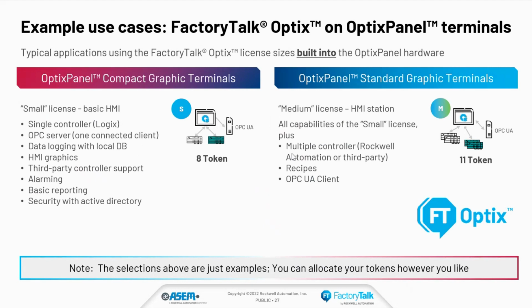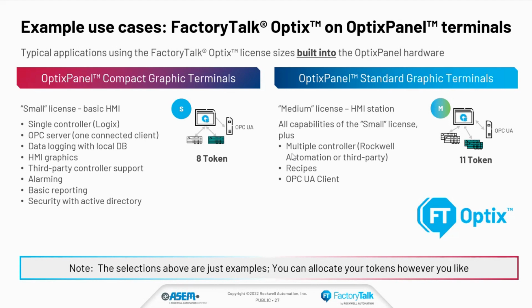So example use cases for the Optix terminal. As mentioned before, the Optix panels are pre-configured and designed for certain size Optix applications. So for small applications, i.e. applications that fit the small size license for FactoryTalk Optix, you would use the compact terminals. That would be the best fit for those.